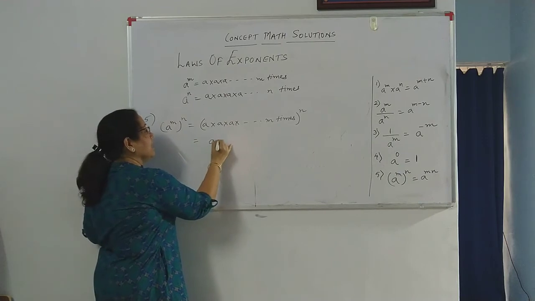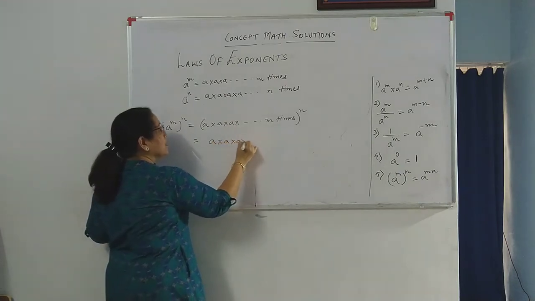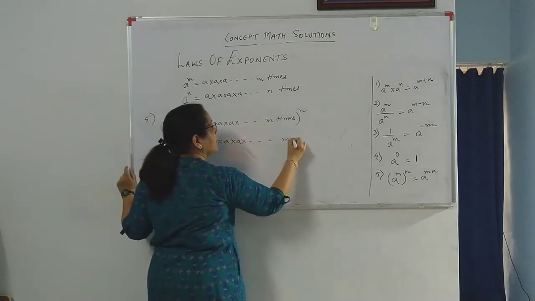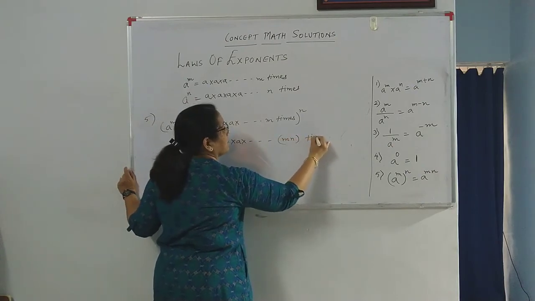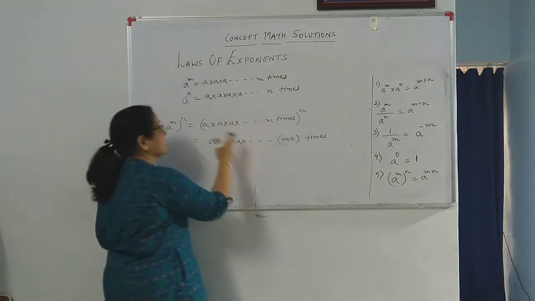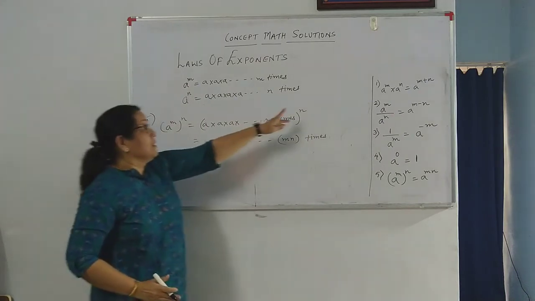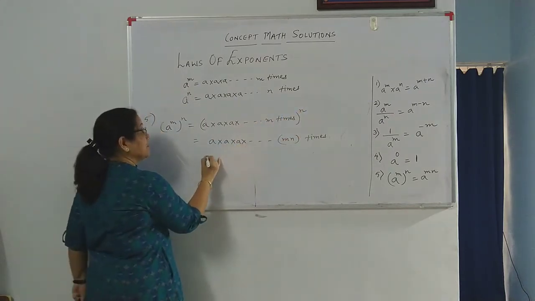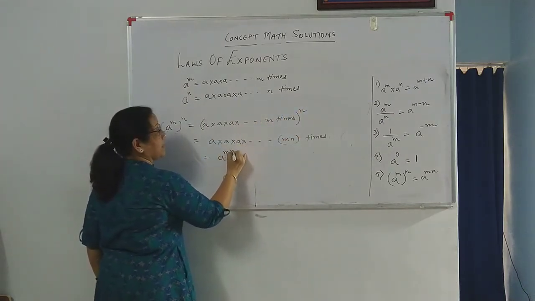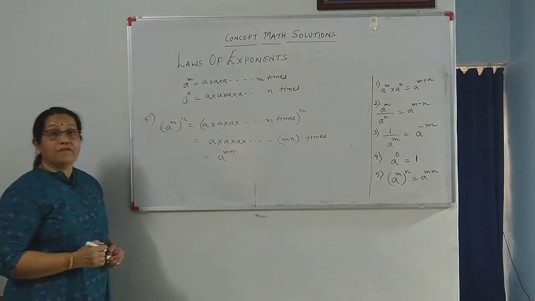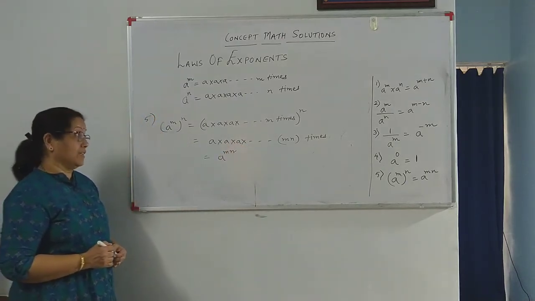That will mean a into a into a, so on, m into n times. Yes, because this will repeat n times. That means you have a to the power mn. That is the fifth law of exponents which we have discussed.